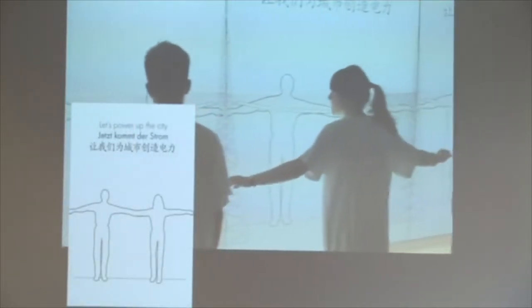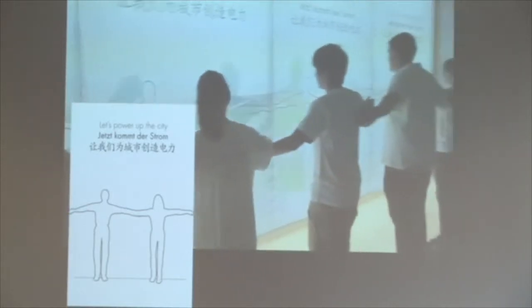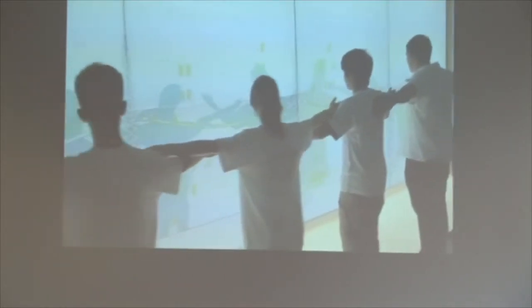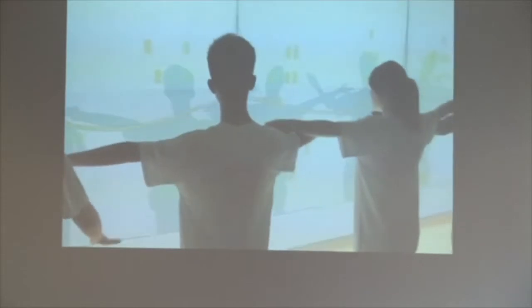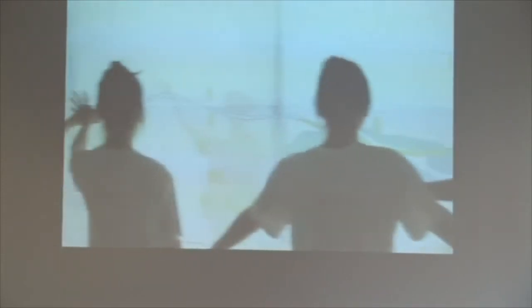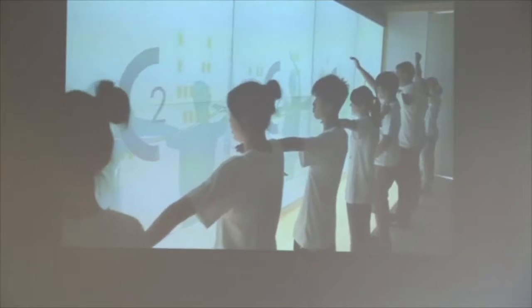Now they have to connect them up, and they all have to make a long line of people so that there is a way to get power to the building. That was the idea. As they manage to connect their shadows of their hands together, the windows light up.